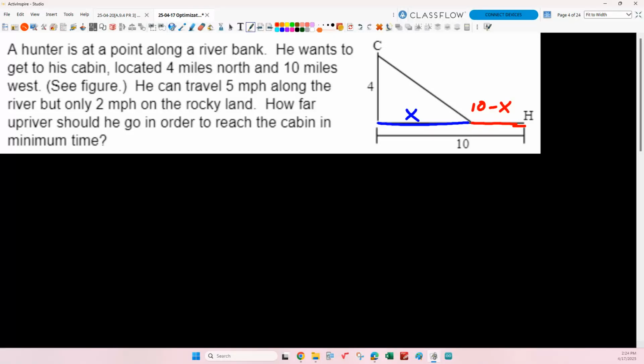Okay. So we got to come up with our objective function. What's the thing we're trying to minimize? Time. Okay, let's remind ourselves here, those of you who are in physics, you guys have done lots of kinematic stuff. How do we relate speed or velocity to distance and time?